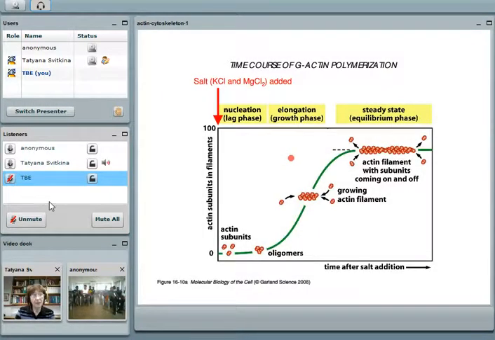So in this more complicated situation, let's start our reaction not from pre-existing filaments, but from monomers. And again, we just do the experiment, we monitor how much actin filament is created over time.